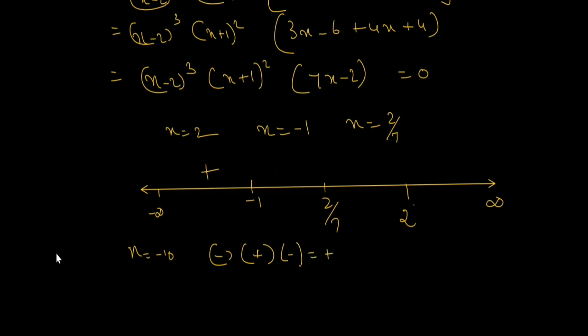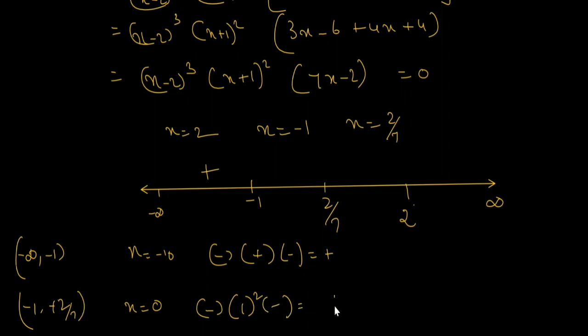Next interval, minus 1 to 2 by 7. Take x is 0. So 0 minus 2 the whole cube is minus, 0 plus 1 the whole square is plus, and 0 minus 2 will give you minus here. So that means you get plus. So there is no change of sign here.